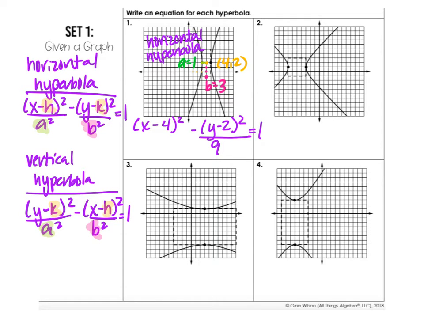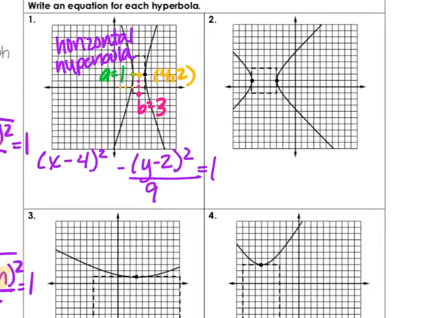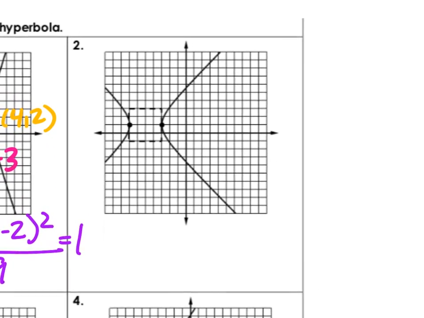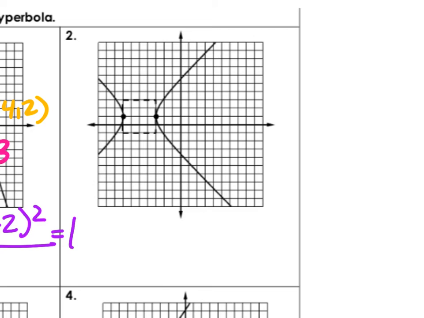Number 2 is another horizontal hyperbola. So I'm going to zoom in on this one so we can get a better view. The first thing I need is the center, which is right here. And that center is 1, 2, 3, 4, 5. So that's negative 5, and then up 1, so (-5, 1).